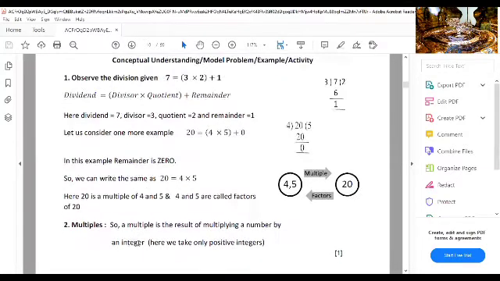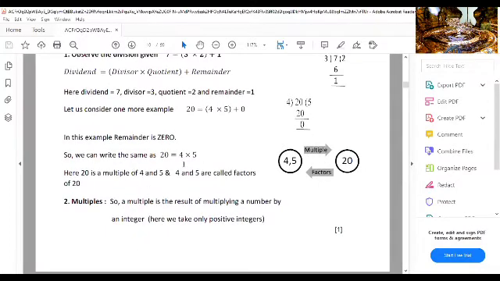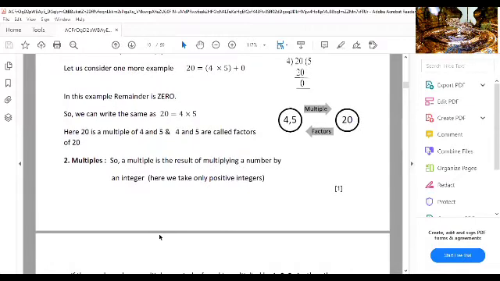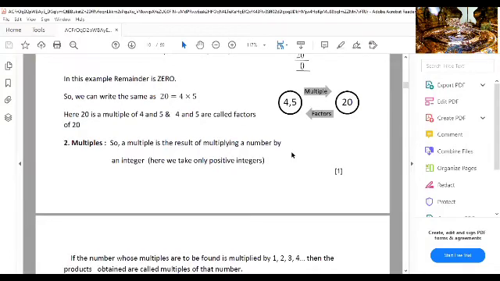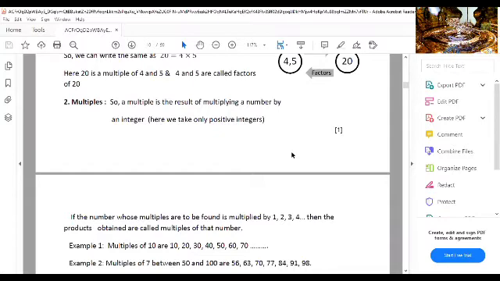Now what are multiples? A multiple is the result of multiplying a number by an integer. 20 can be divided into 2 multiples, that is 4 into 5. Here we take only positive integers, no need to take negative numbers.